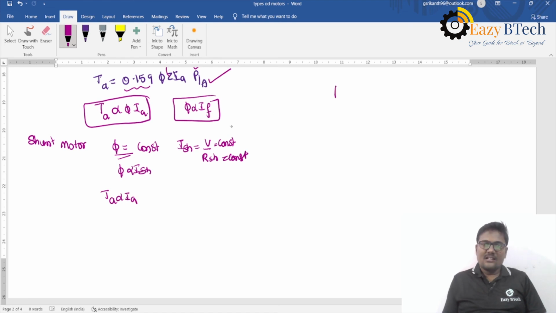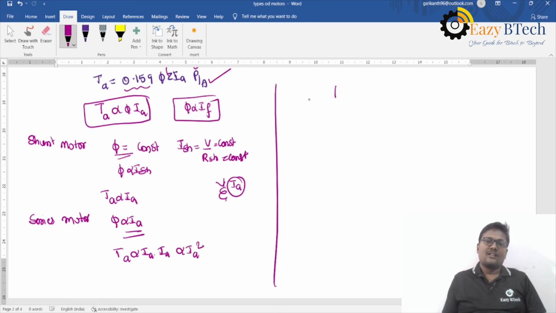As we discussed in the previous session, what is the cumulative compound and differential compound? So coming to the DC series motor, for a series motor, flux is directly proportional to IA. Why? Series field winding carries the armature current. So that's why TA is directly proportional to IA into IA, that is armature torque is directly proportional to IA square. And what is meant by cumulative compound?